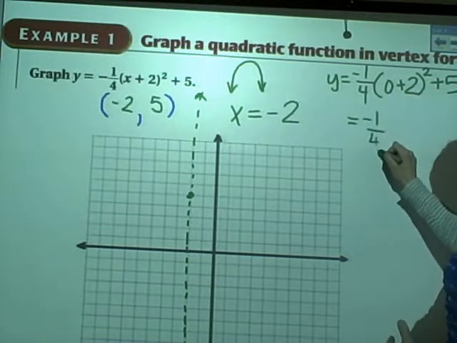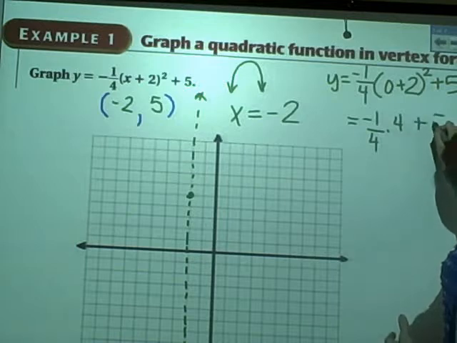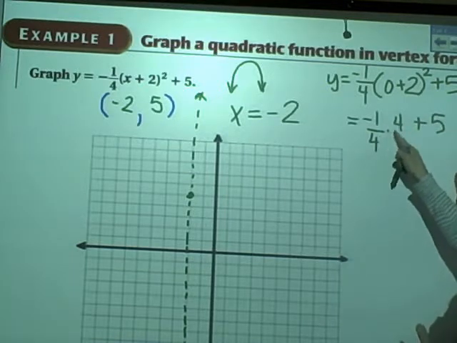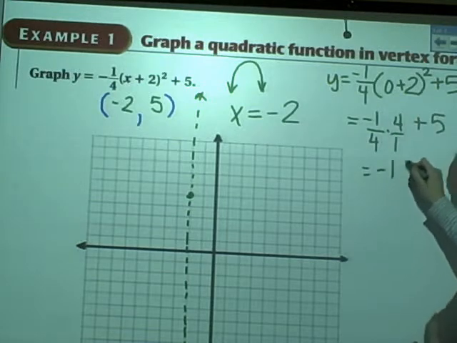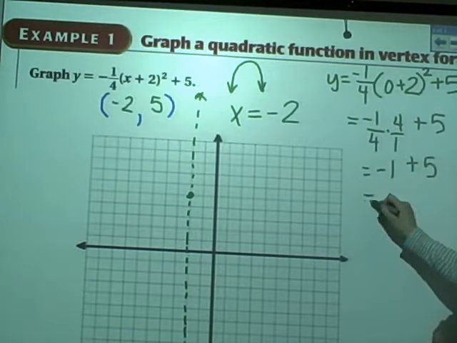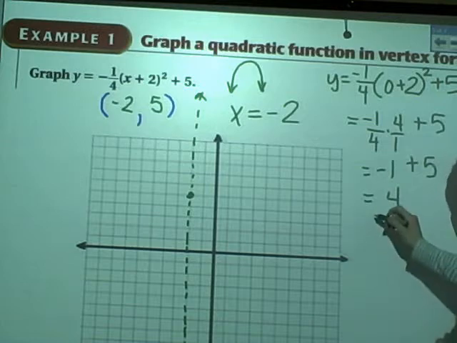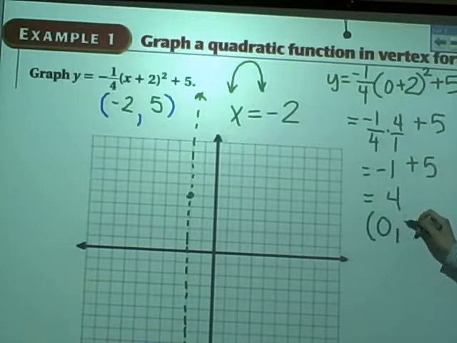So negative 1/4 times 4 plus 5. Remember, fractions multiply straight across. That is negative 1 plus 5, or 4. So one of the points I can put on my graph is (0, 4).